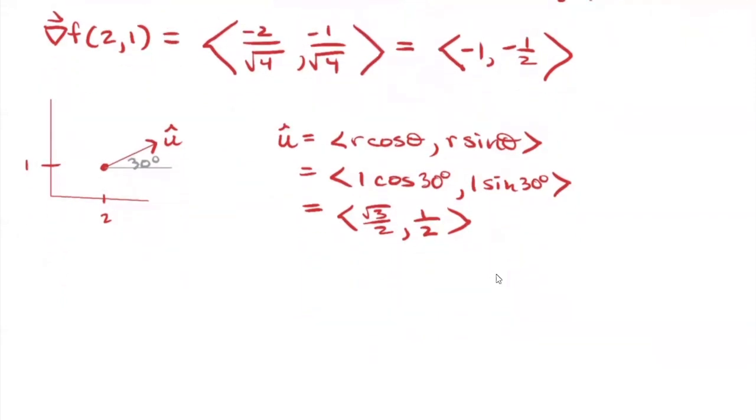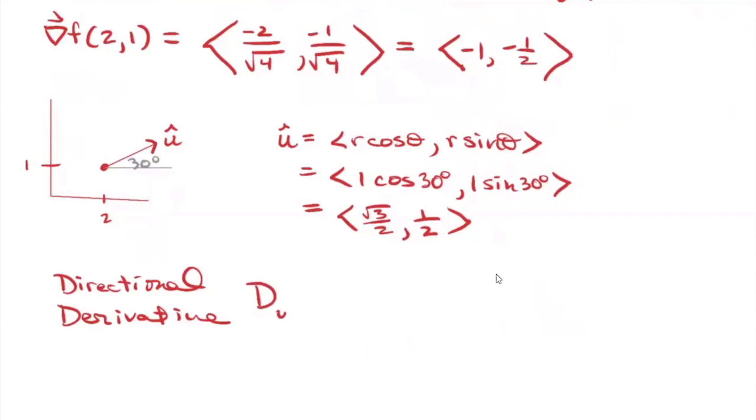And once you have these, you have the gradient and you have the directional vector, you can do the directional derivative. So the directional derivative, du, the derivative in the u direction of f at the point 2, 1, is the gradient of f at 2, 1 dotted with the unit direction vector.